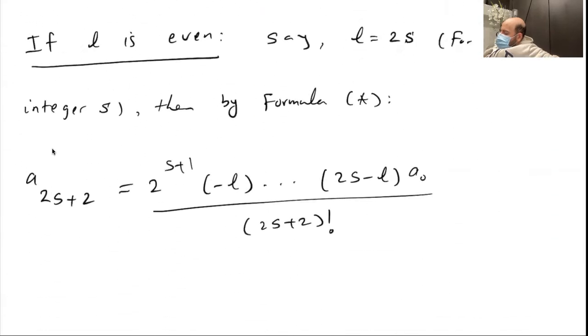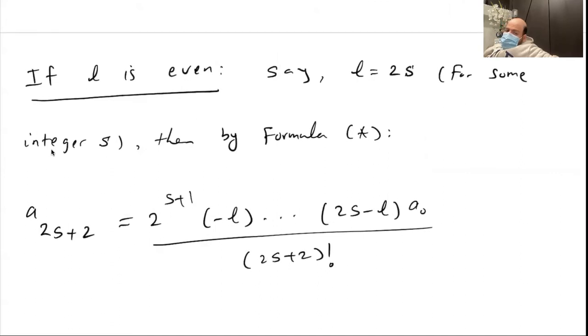I will have this, but L is 2s. So 2s minus L is 0. And if this is 0, 0 times anything is 0, and therefore a2s plus 2 will become 0.